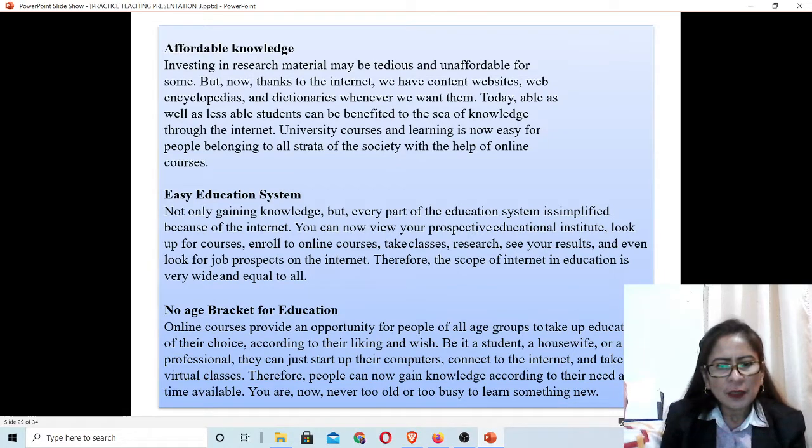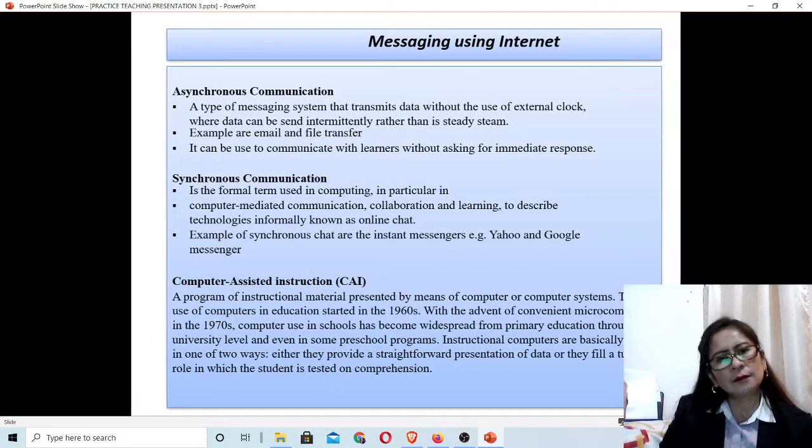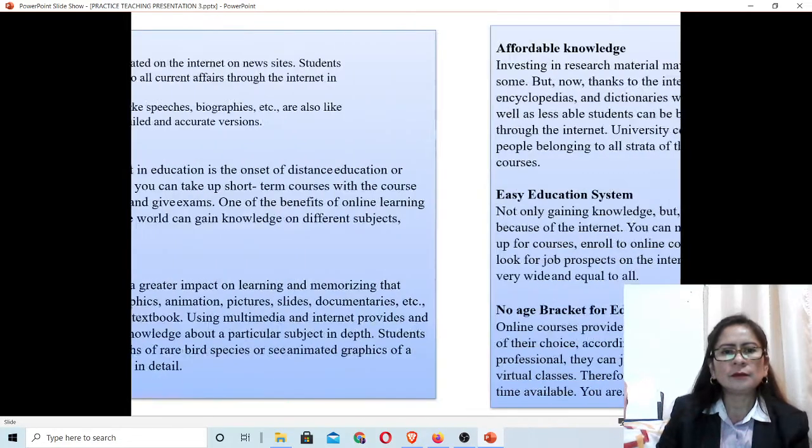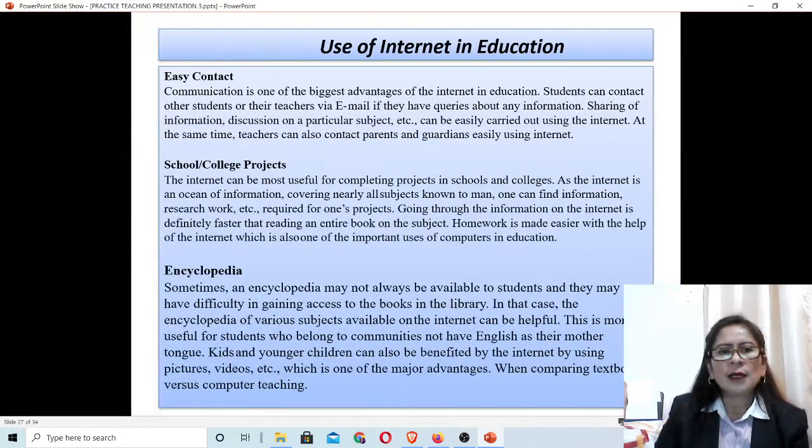Therefore, people can now gain knowledge according to their need and time available. You are now never too old or too busy to learn something new. This is all about the use of the internet in education.